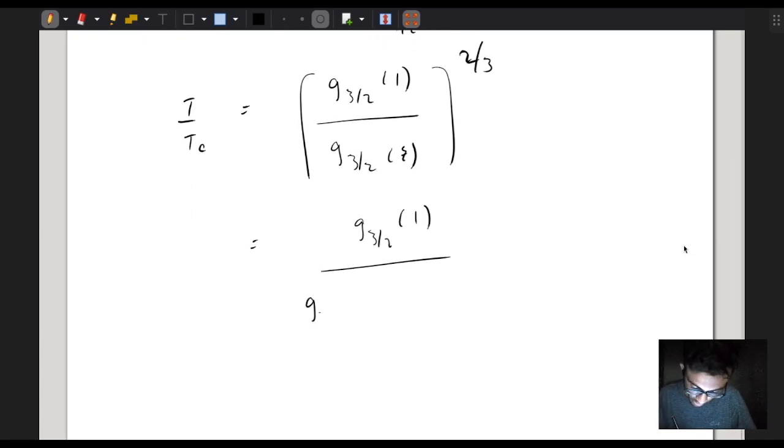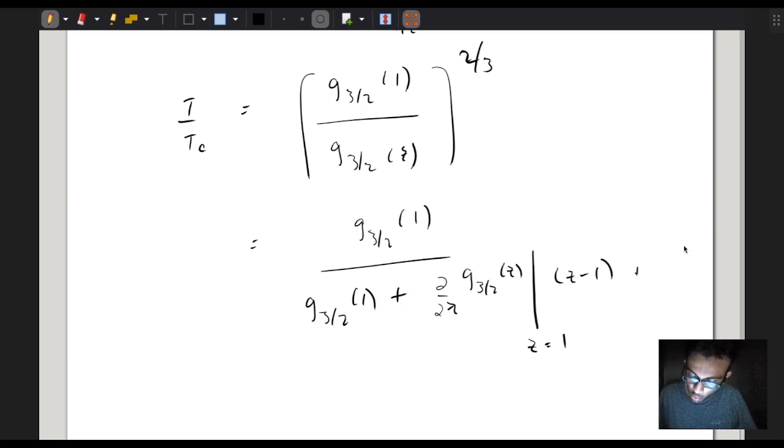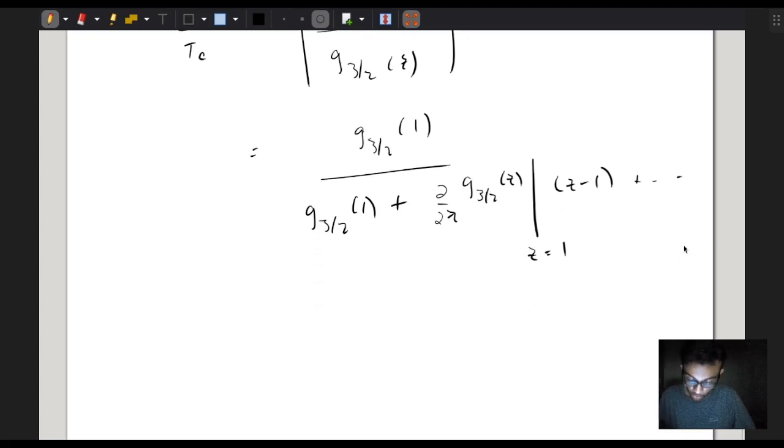This is going to be 3 g3 by 2 of 1 plus dou by dou z of g3 by 2 of z at z equal to 1 times z minus 1 plus so on. Yeah, we just did a Taylor expansion. So yeah, we know this is now related to g1 by 2.